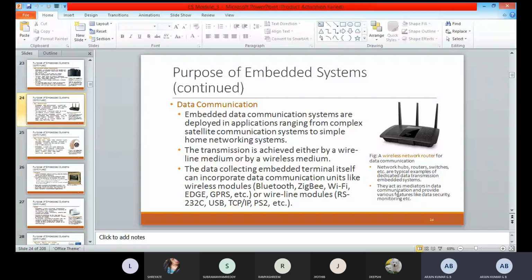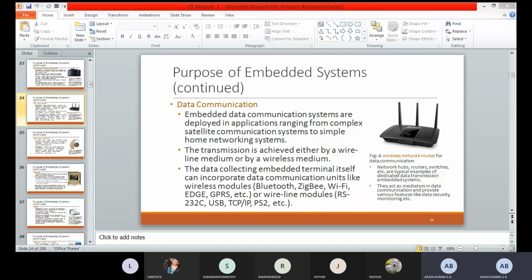There are wireless network routers. Embedded data communication systems are deployed in many applications, for example, satellite communication or a simple home networking system. Communication means, suppose you've taken a router, the router has some transceivers.